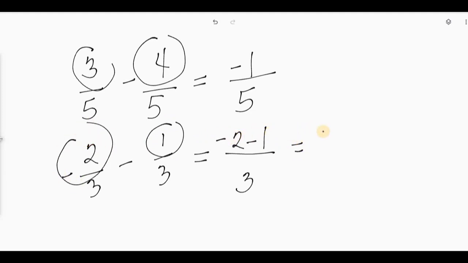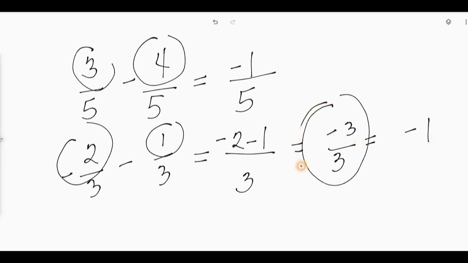So, -2 minus 1, we have -3 over 3. So, yung answer natin dapat lagi na sa lowest term. So, -3 over 3, divide natin yan. Okay, that's -1. Dinivide natin yung numerator sa denominator. So, ang answer is -1. Okay? So, that is addition and subtraction of similar rational numbers.